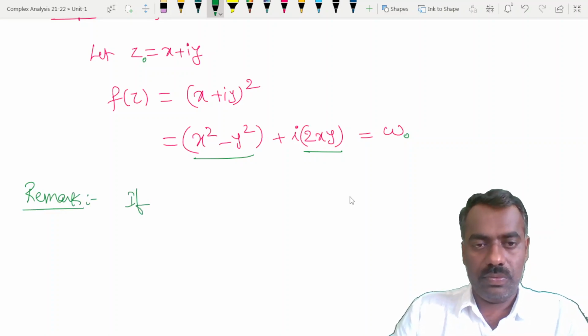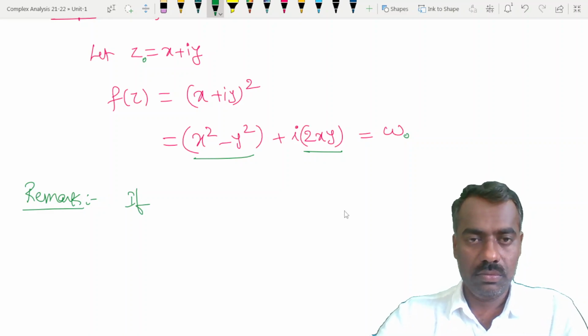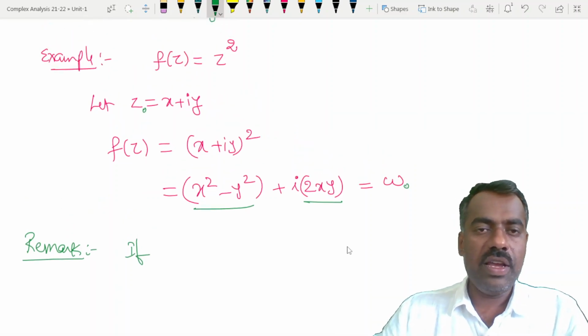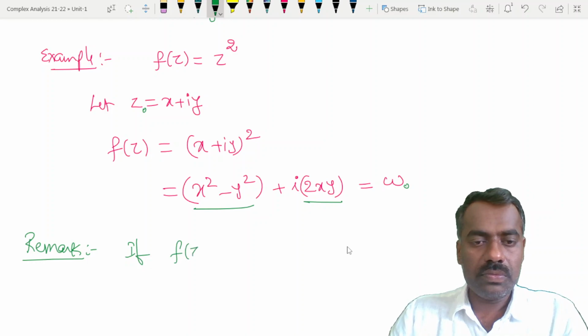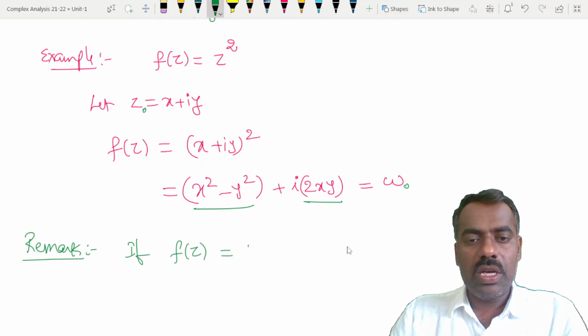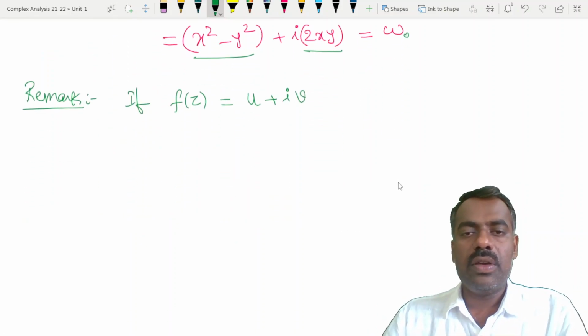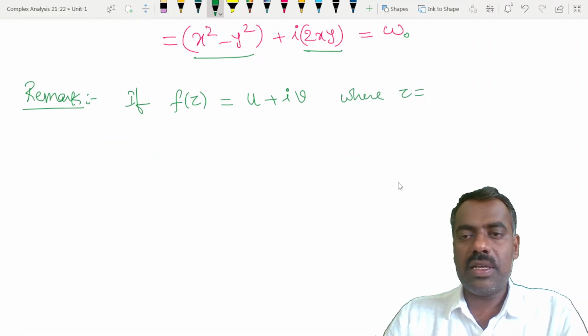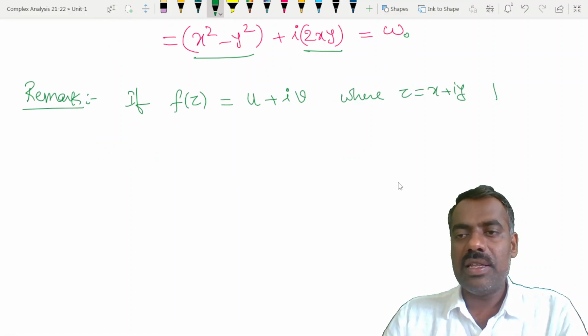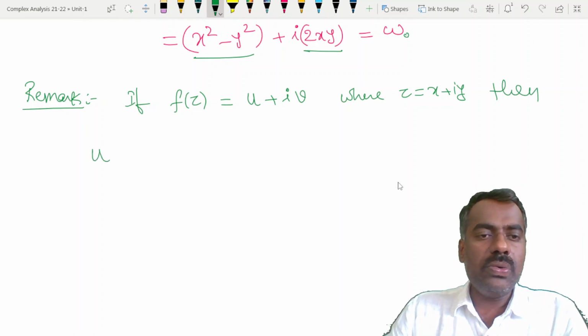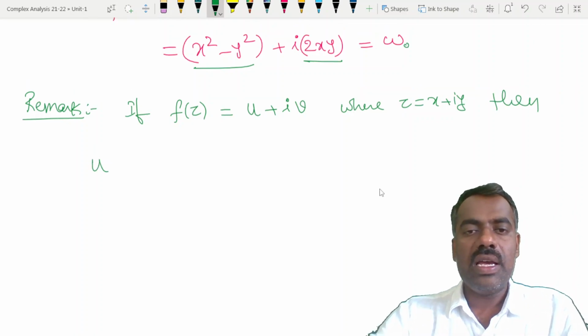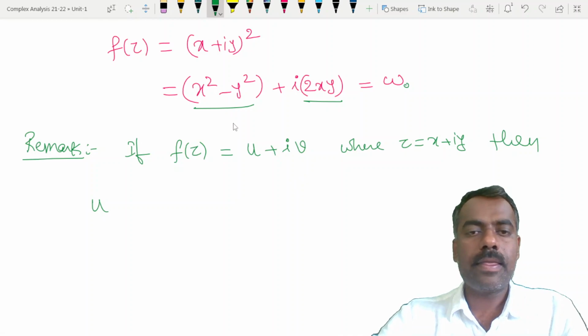if f of Z is equal to, if you call it like u plus iv, where Z is equal to x plus iy, then u is nothing but a function in x and y.